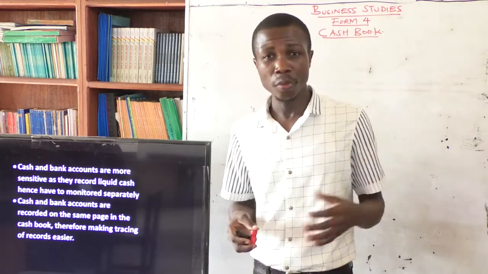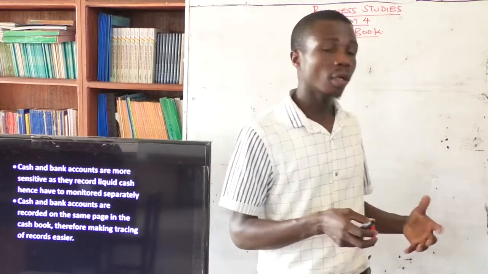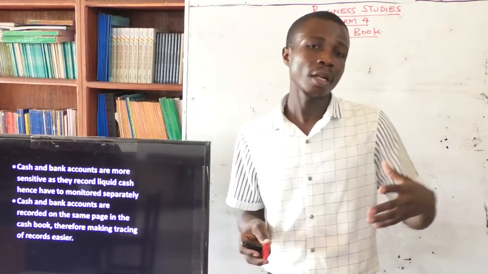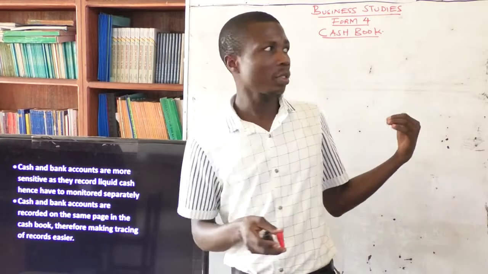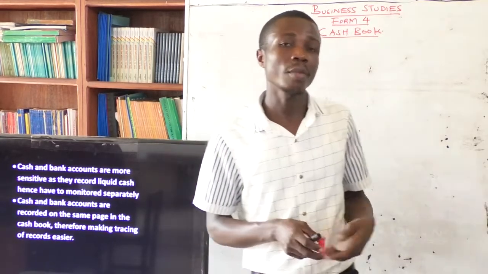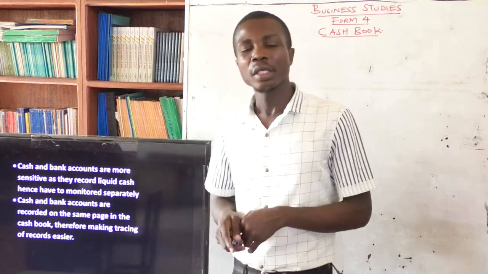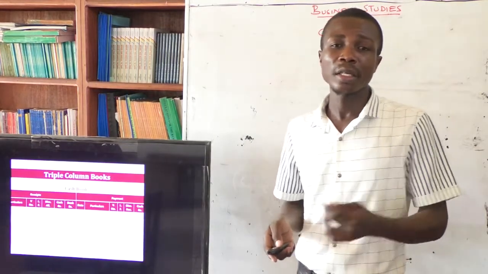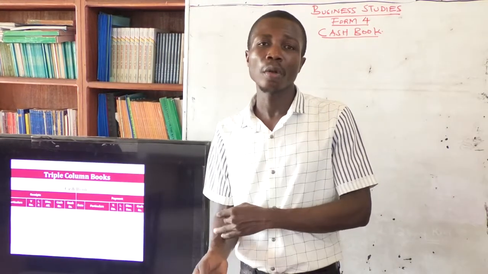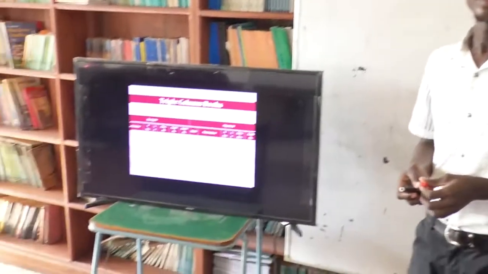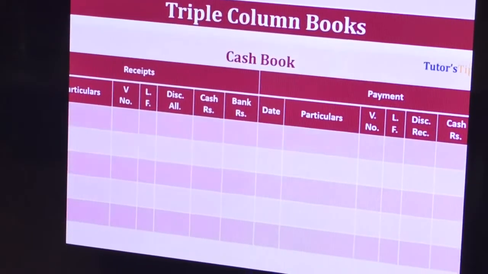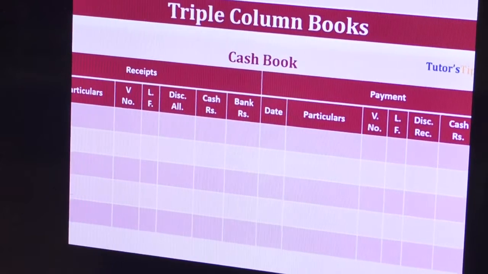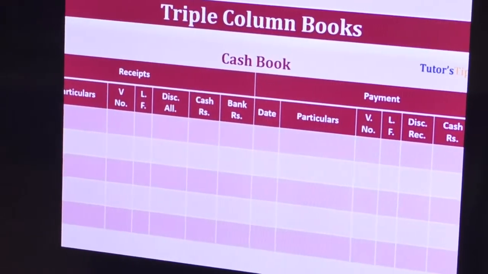So when you prepare a cash book, you can trace the records easier, records that are from the source documents, because the cash book acts as a summary of all the transactions that took place, especially involving cash in hand and cash at bank. This is an example, though this one is a triple column cash book, or 3 column cash book.